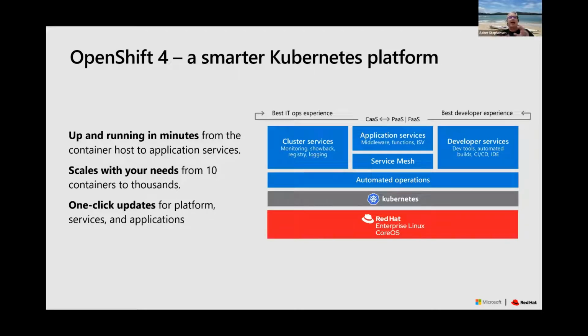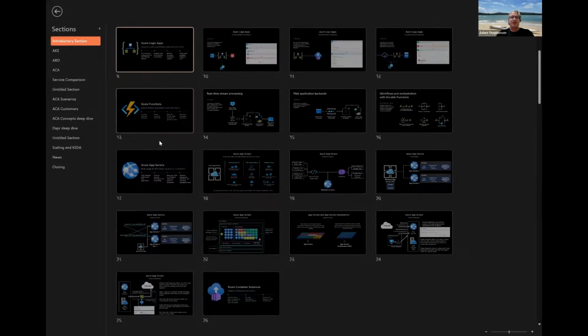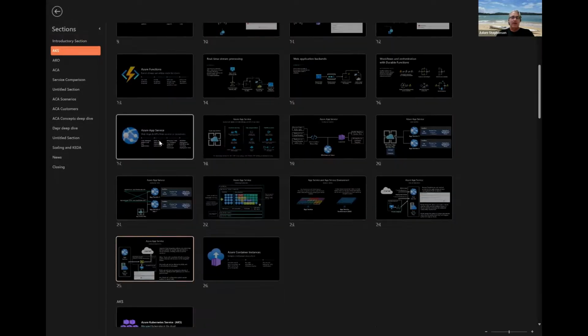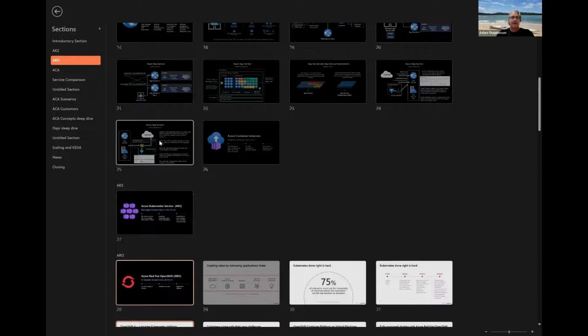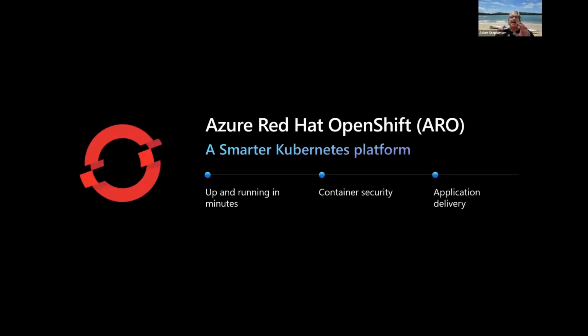So where AKS is pure Kubernetes, but we host it, I'm doing the 10-minute version. When we look at AKS, it's Kubernetes where we take care of the control plane.